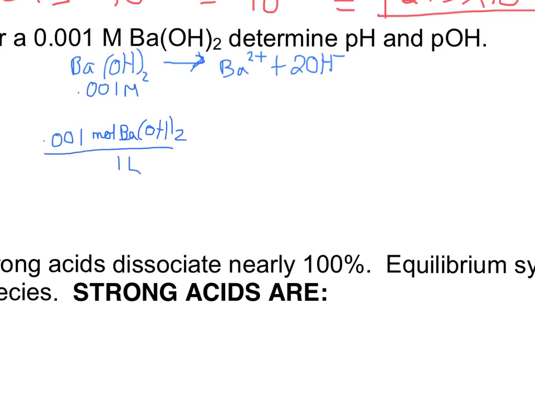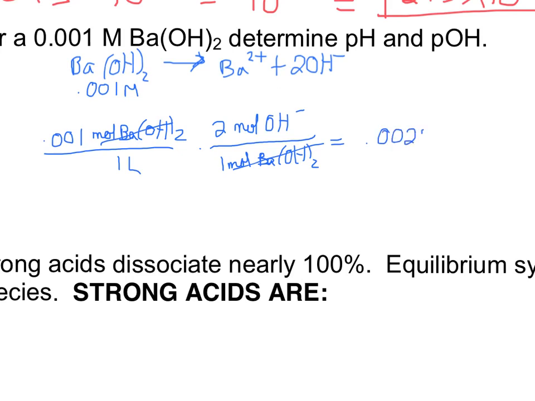And so to find the hydroxide ion concentration, you'd say for every 1 mole of barium hydroxide, you have 2 moles OH-. So then these cancel. You end up with 0.002 moles per liter of the OH- concentration.